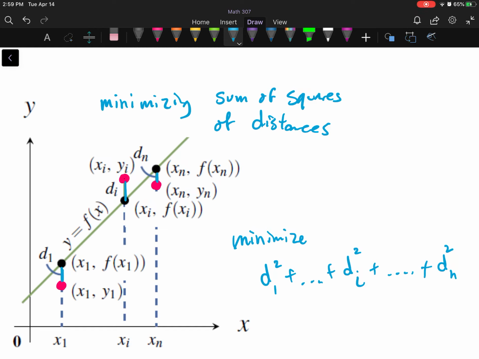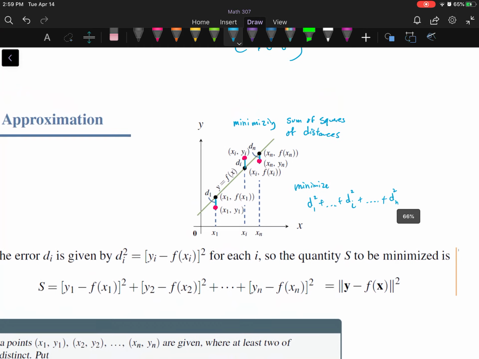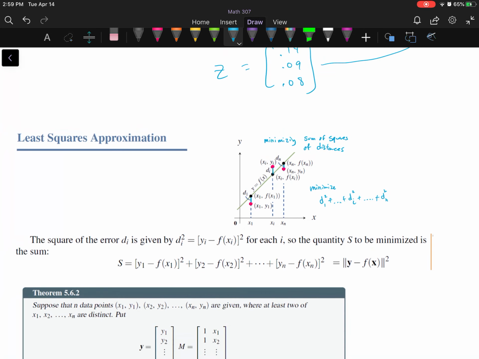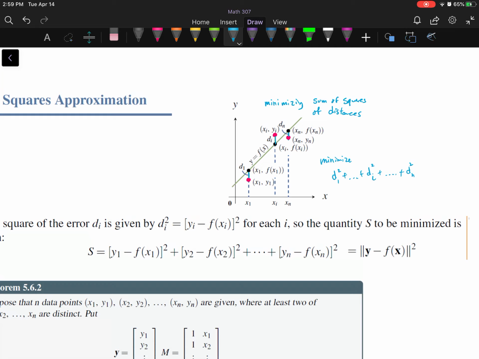But yeah, we use the squares of the distances because it fits really nicely mathematically with all the stuff that we've been doing in terms of minimizing length. Each one of these things is one of these distances up above.